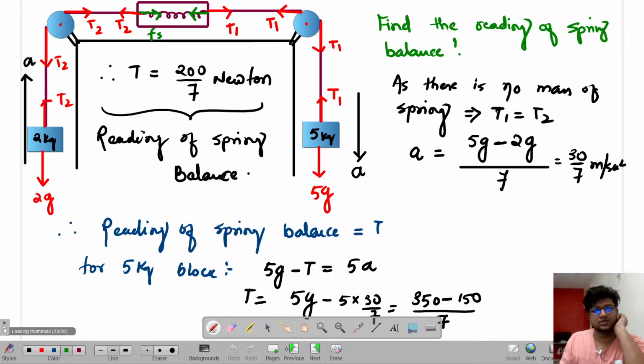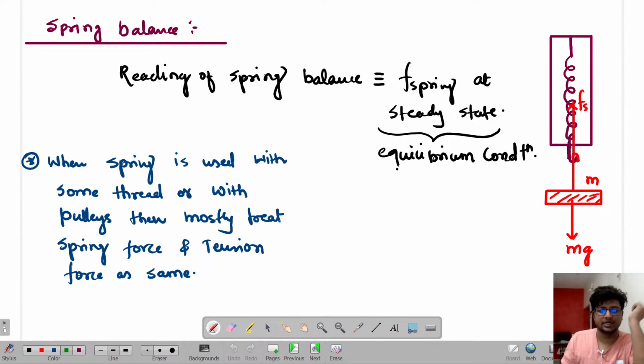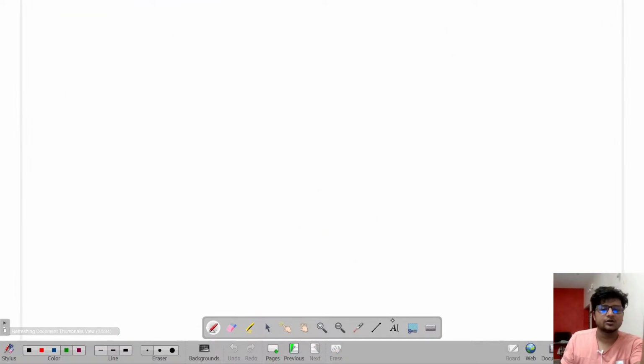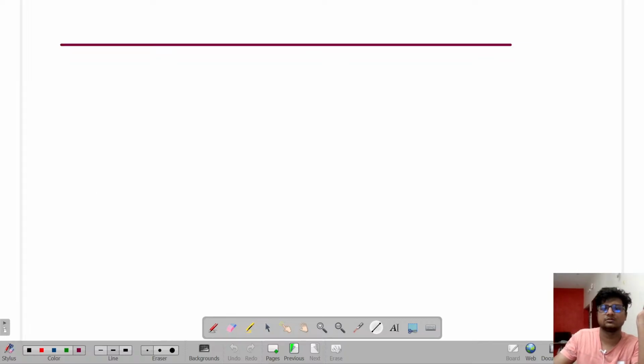So this one was the work done by forces of spring. Now what I'm going into right now is called cutting of spring, which is the most confusing problem of this whole spring series.